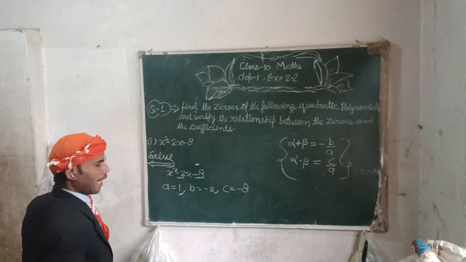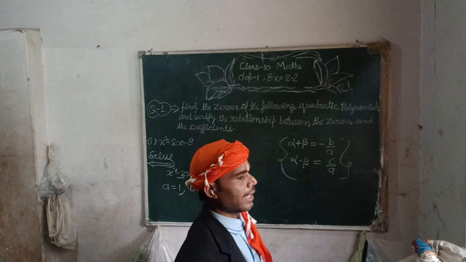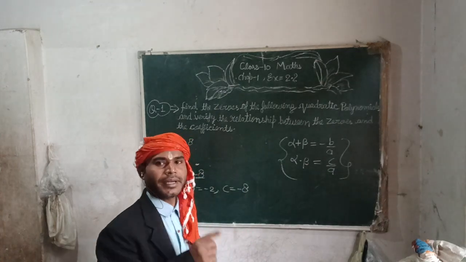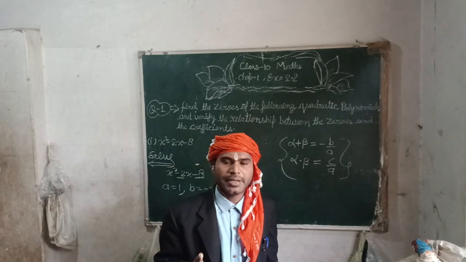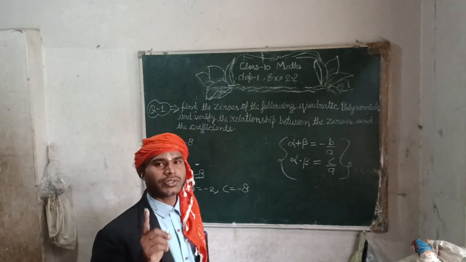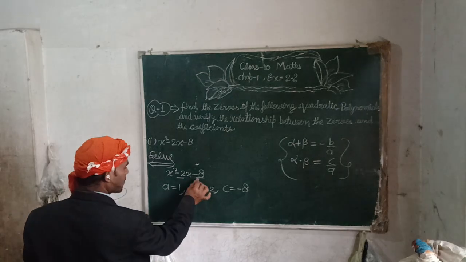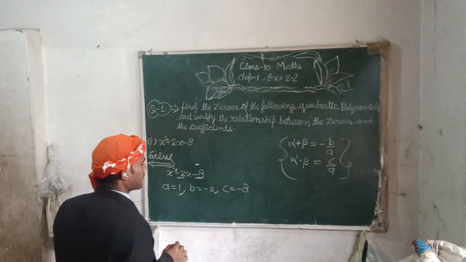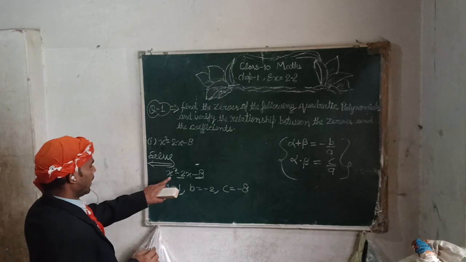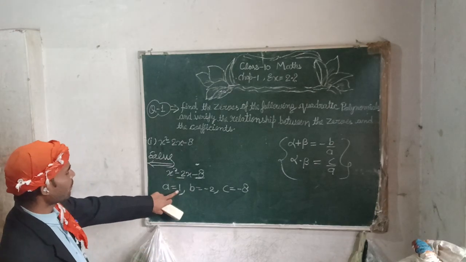Any digit in a multiplication relation with an alphabet, that digit is the coefficient. But any digit not multiplied with an alphabet is your constant. Here minus 8 is your constant. The coefficient of x square is 1, which is the value of a.